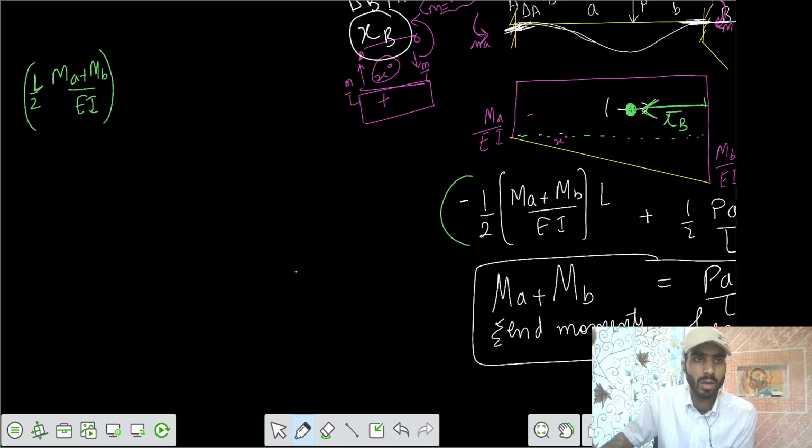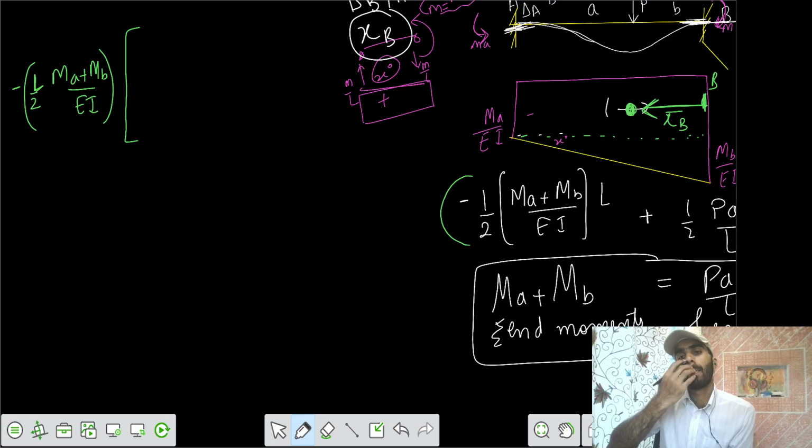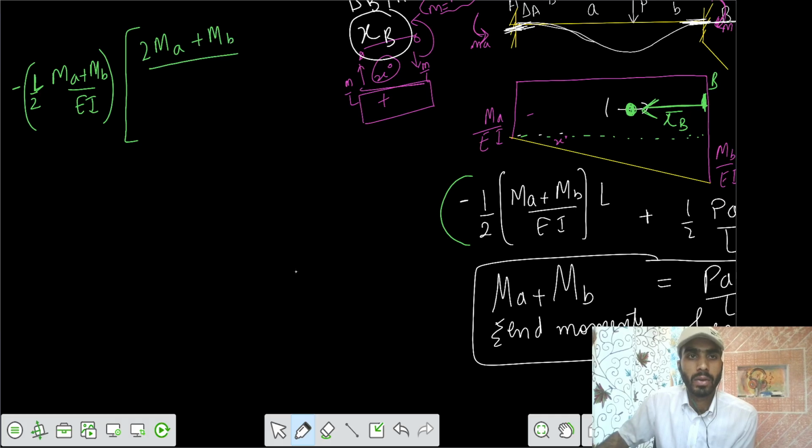This is negative overall, and we have to get the centroidal distance from point B. So we can write 2 MA plus MB divided by MA plus MB, into L by 3.